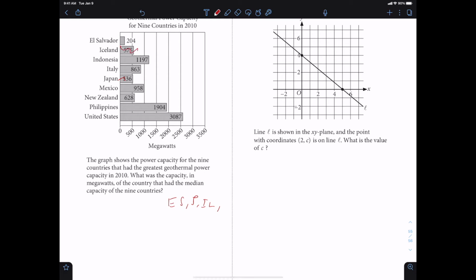So we finished this one, and this one are all out. After that, we're going to get New Zealand, then Italy. And then we're going to get Indonesia, Philippines, and US. Now we can find the median. 1, 2, 3.